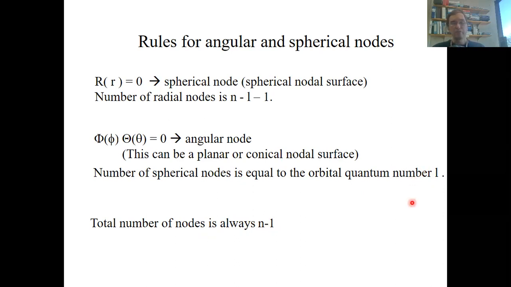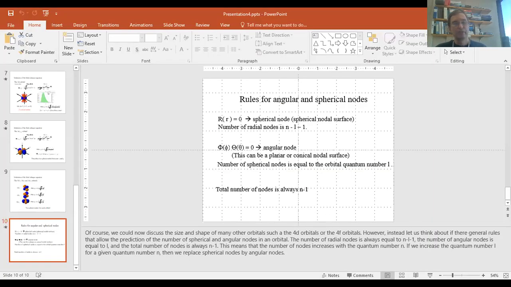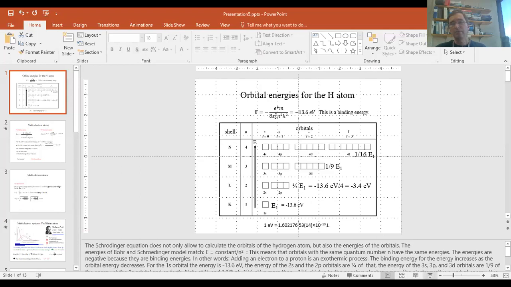Okay, then we would be finished with this subchapter about the orbitals in the hydrogen atom, and we can now move over to the next chapter, which will be about multi-electron atoms.